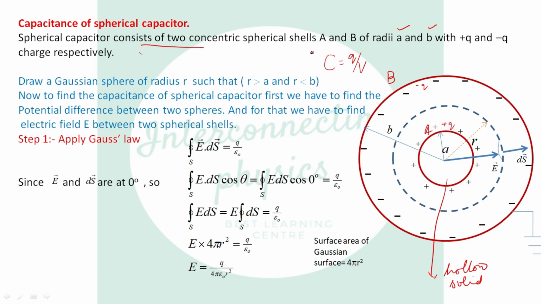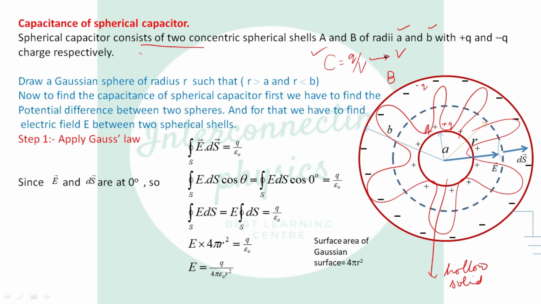It means in order to find the capacitance of this capacitor, we have to find the potential difference between these two shells, in the space between them. And in order to find the potential difference, we have to find the electric field intensity between these two shells.